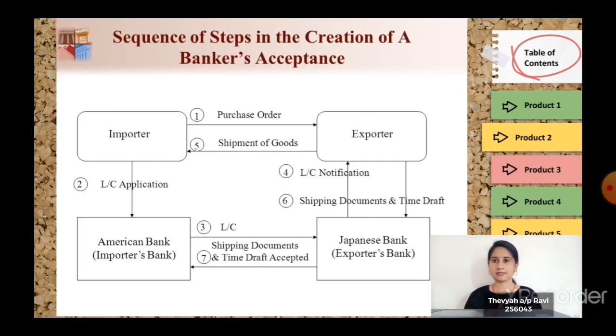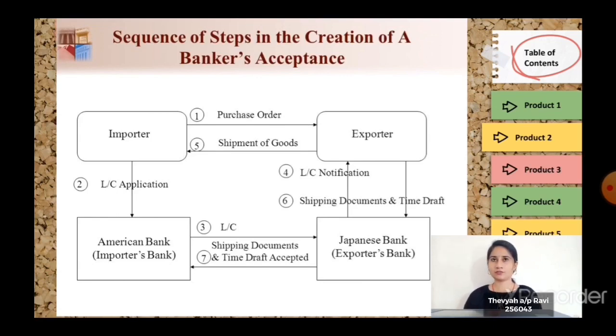Next are the steps that are involved in bankers' acceptance. First of all, the US importer places a purchase order for goods. Next, the importer asks its bank to issue a letter of credit on its behalf. This represents a commitment by that bank to back the payment owed to the foreign exporter.